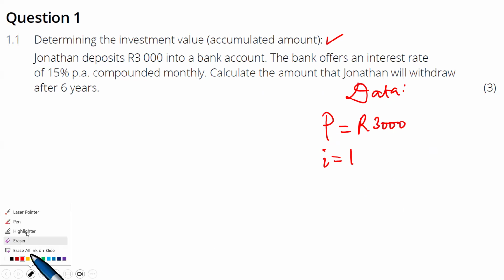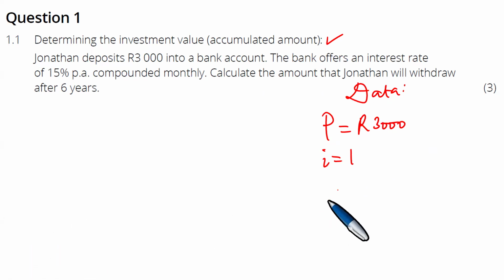So I is precisely 15%, and 15% is the same as dividing by 100, giving 0.15. Compounded monthly, you're going to divide this by 12.